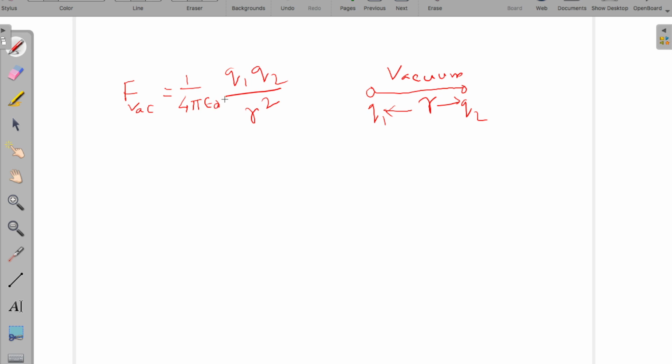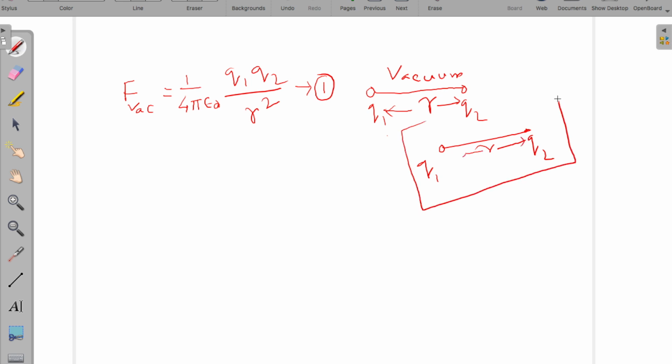Okay, we call it equation number 1. Now the same system of charges Q1 and Q2 is kept in a different medium. What we have done here is that the system of the charges Q1 and Q2 is kept in a medium.